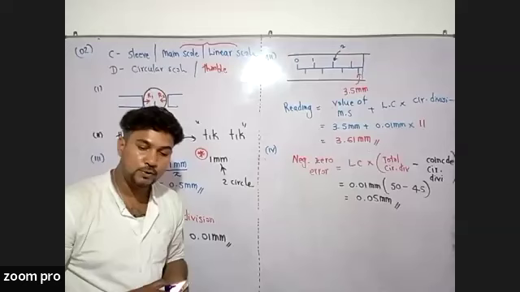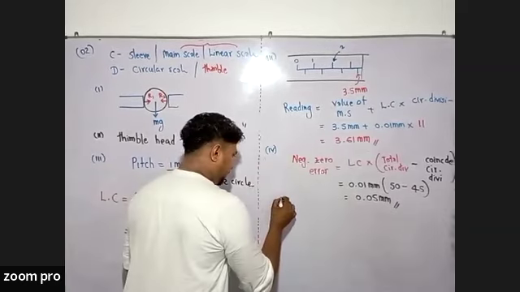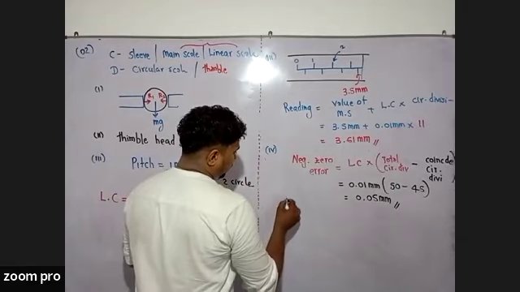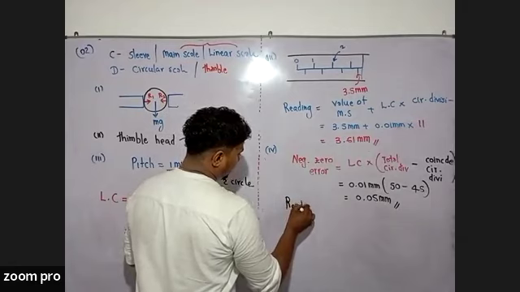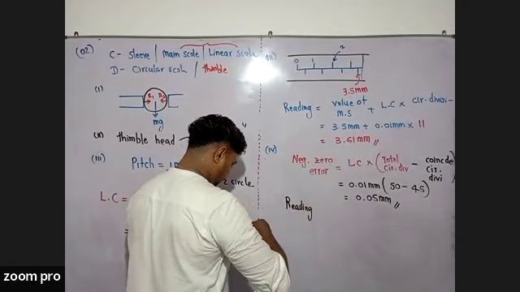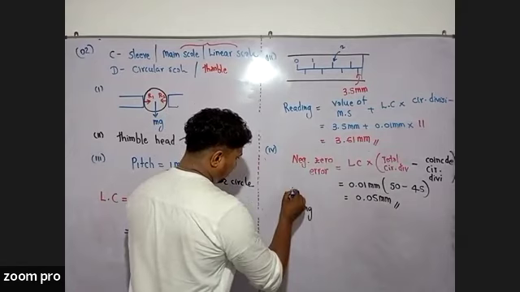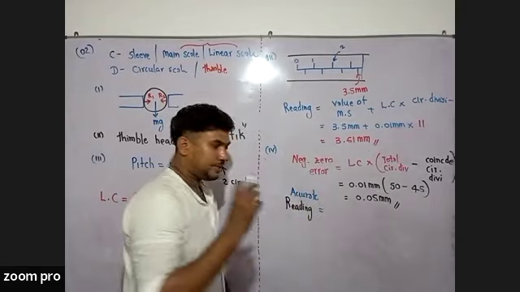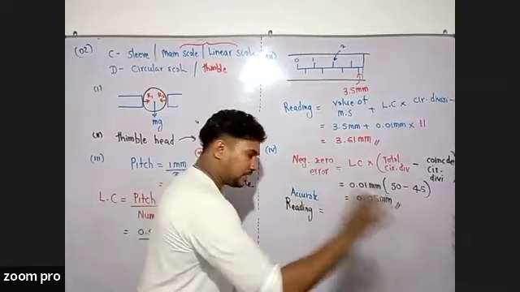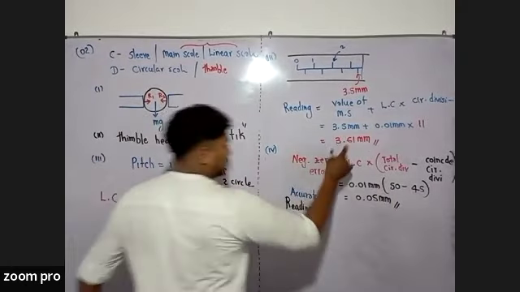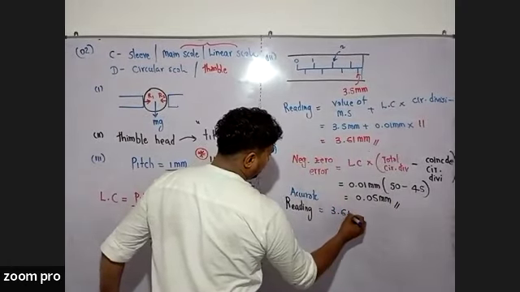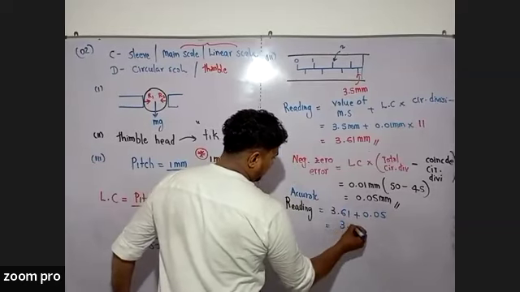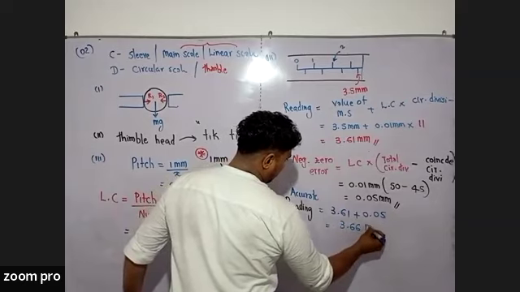Right. If you need to find the correct value of the reading, this is the accurate reading, right? Now this negative zero error should be added to the obtained value, right? So the answer should be 3.66 millimeters.